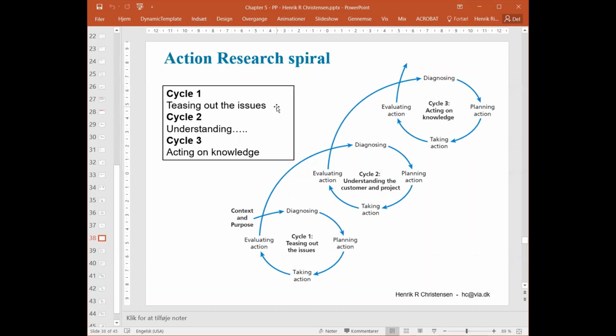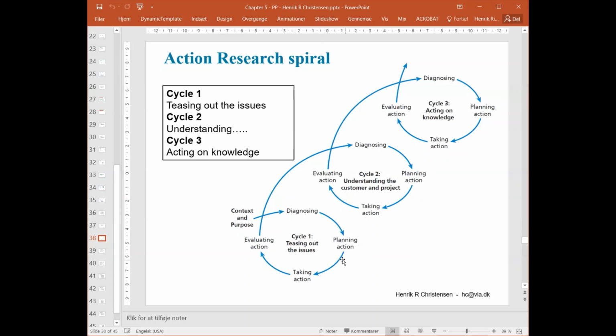Imagine that you are a manager and you are in a process where you are going to deal with a specific problem or a specific issue that you have in your department, the department you are managing. Then the first step is that you are trying to figure out, what is this about? Diagnosing. And it doesn't have to be a problem. It can simply be an area of improvement where you would like to do something. So you're diagnosing, what is it that I'll try to focus on?